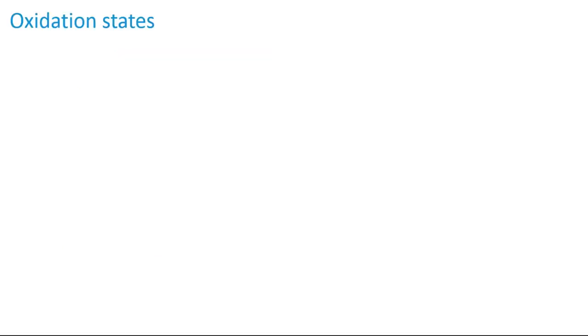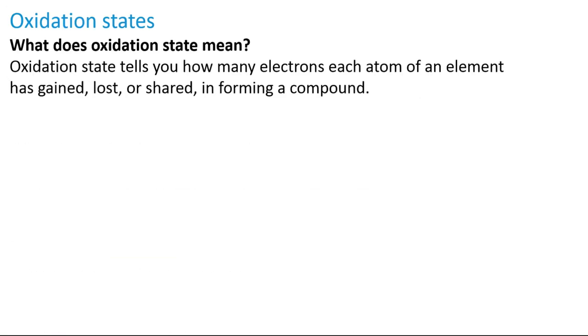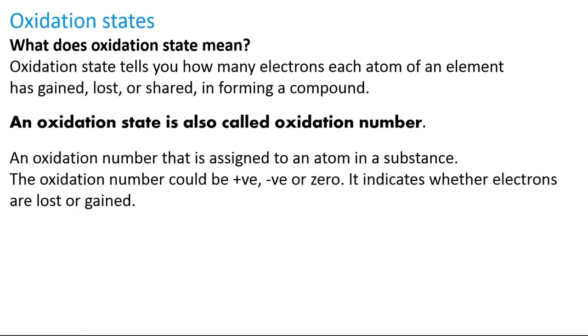Oxidation states. What does oxidation state mean? Oxidation state tells us how many electrons each atom of an element has gained, lost or shared in forming a compound. Oxidation states may be positive, negative or 0. Oxidation state positive means atom in the compound lost electron. +1 means atom lost 1 electron.